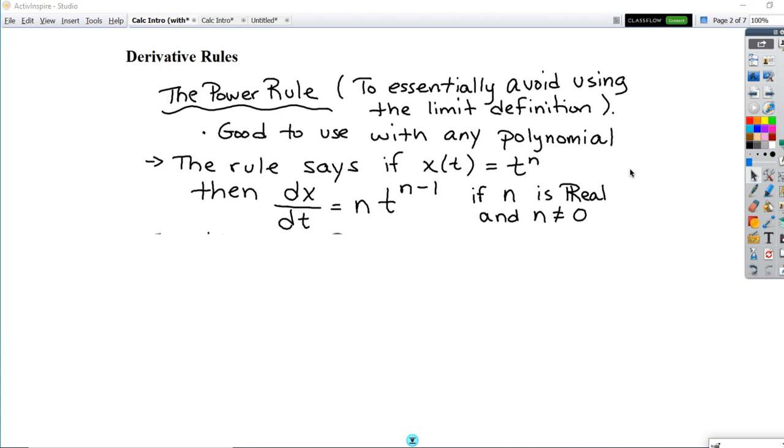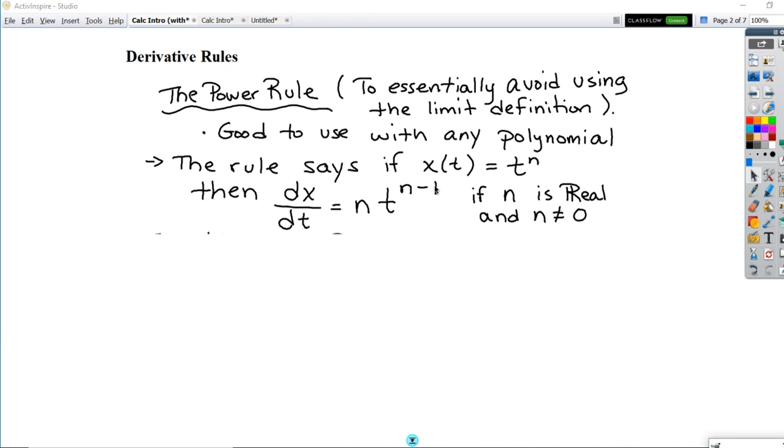N has to be a real number and not equal to 0. Those are the only restraints. It has to take this form: if t is your independent variable, it has to be t to some power, and that power must be real and not equal to 0. If that's true, then the derivative of that function is just the power times t to the power minus 1.